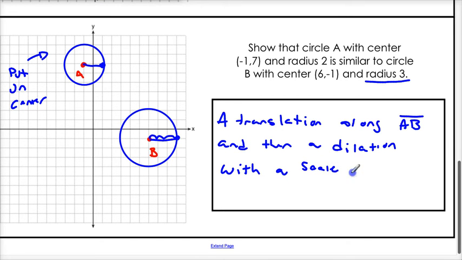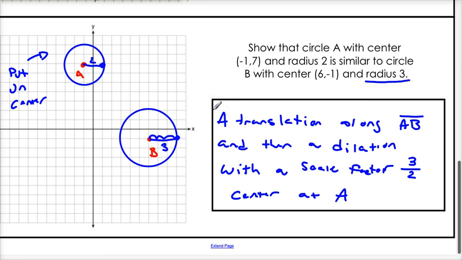Well, how are we going to get our scale factor? Well, we count. This is 3. This is 2. It's not always 3 and 2. It's just that I picked these examples. They all have 3 and 2 apparently. Our image is B, which is 3. Our pre-image, the one we start off with, is 2. And we're going to center it at A.